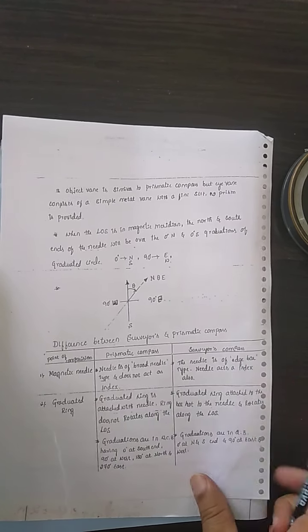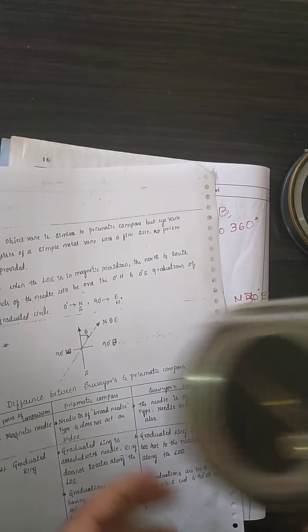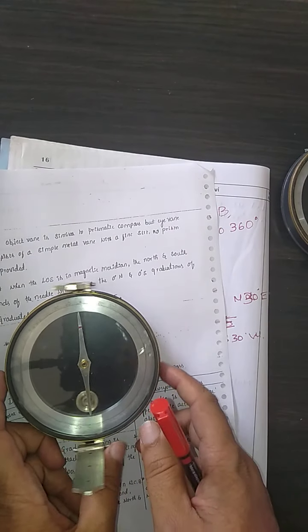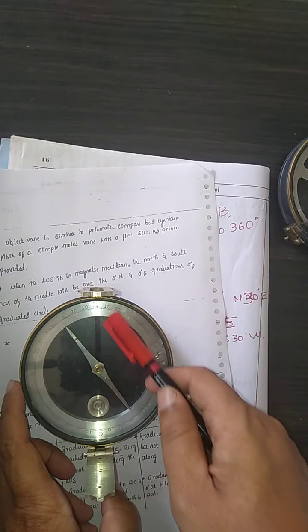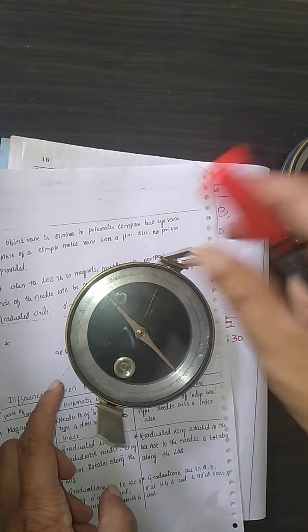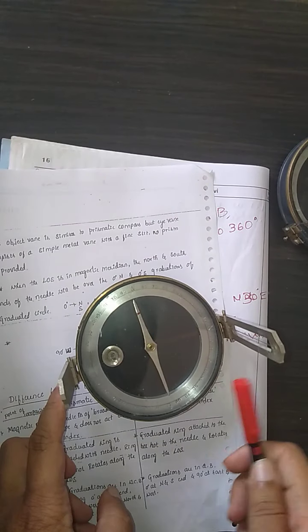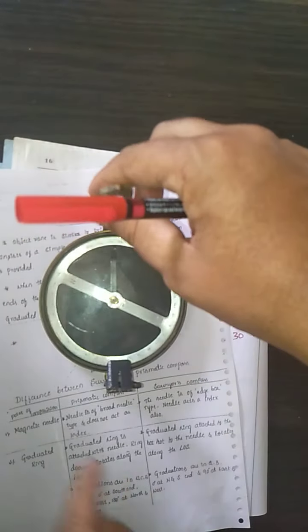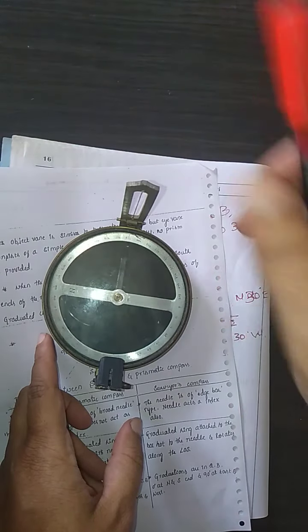A few more differences regarding the prismatic and your surveyor's compass: as I have shown you, in your surveyor's compass, whenever you rotate the compass, the graduated ring is going to rotate along with the box, whereas in your prismatic compass the graduated scale will not move along with the box of the compass.